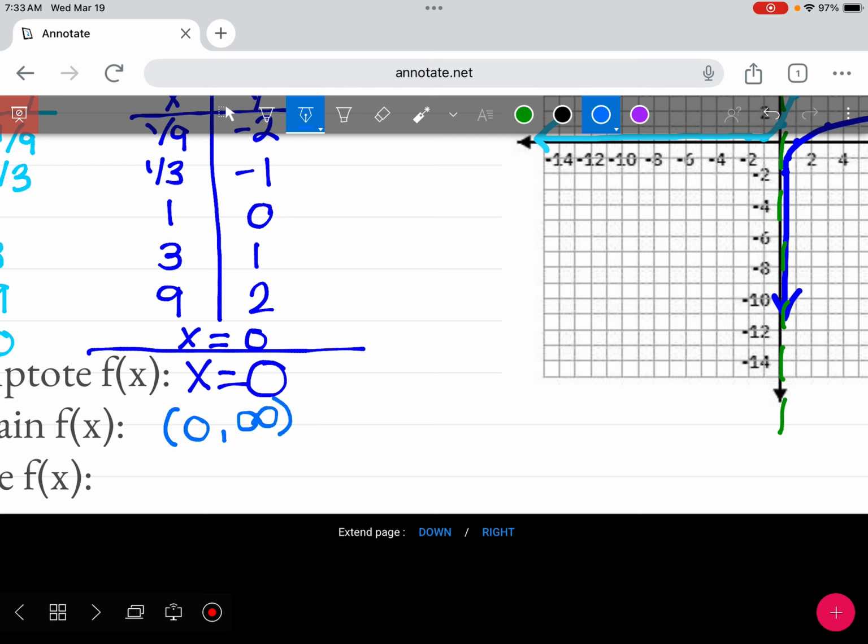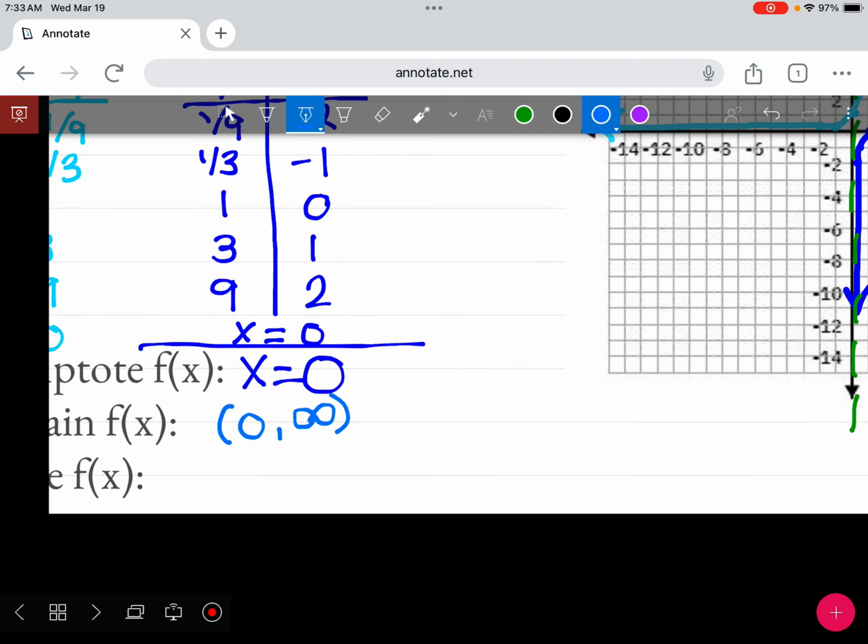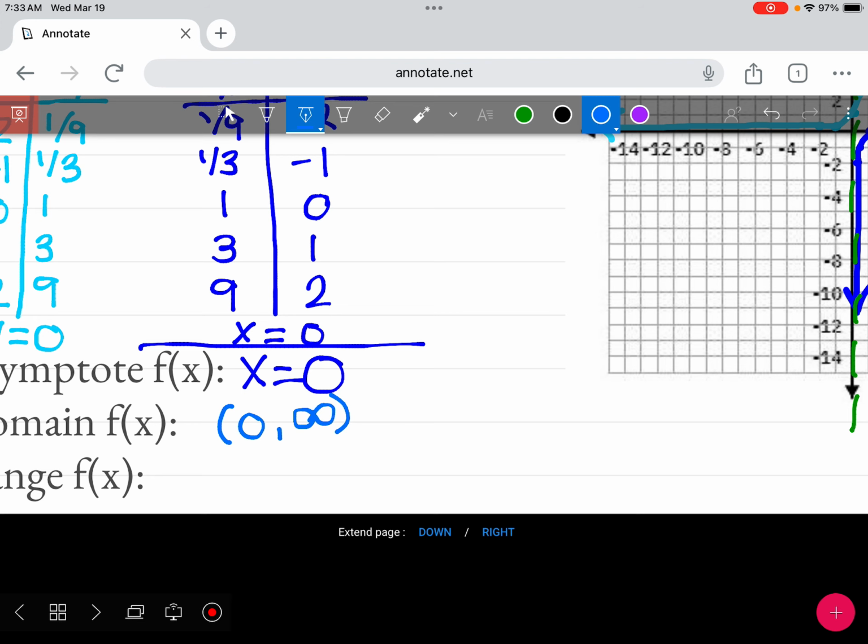Oh, yeah, because it's the inverse. It is the inverse of our exponential. So what was the range of our exponential function becomes the domain of our log. And what was the domain of our exponential function becomes the range of our log. So what is the range of a log?